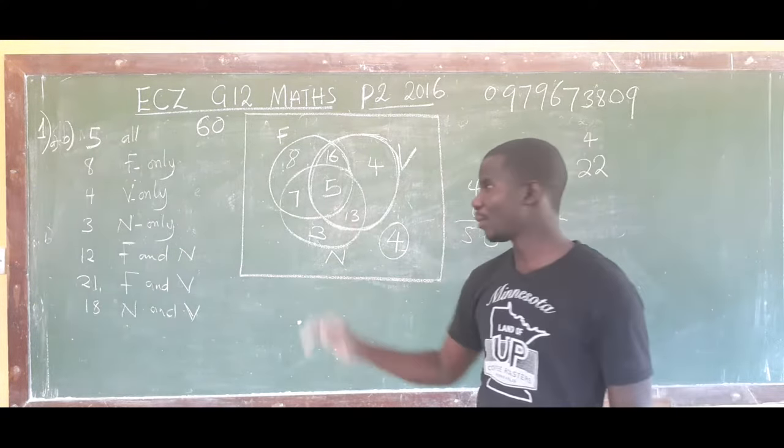Okay, then here now we have what? The shortest distance from D to AC.